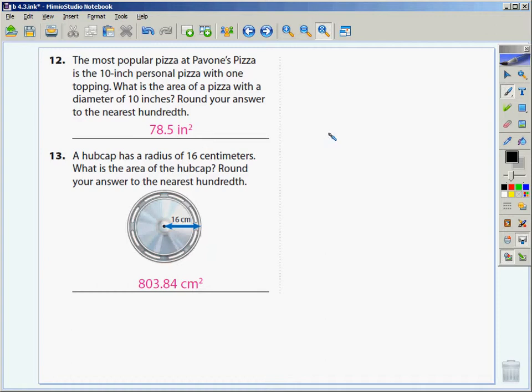Why is that on there too? I had the answer, but I closed it. Do I need to go over 12 or 13 for anybody?